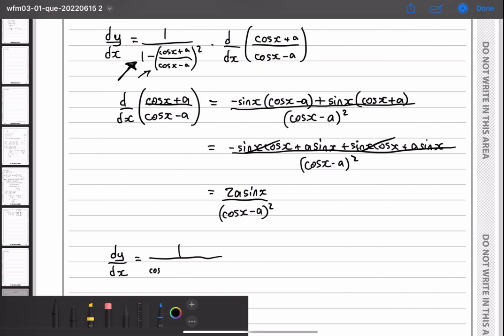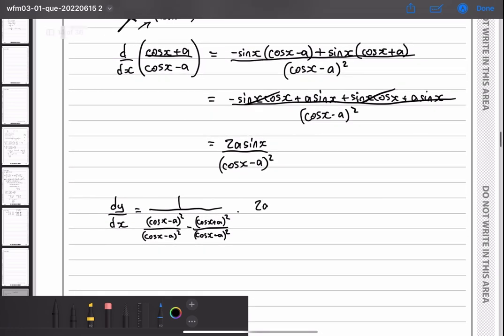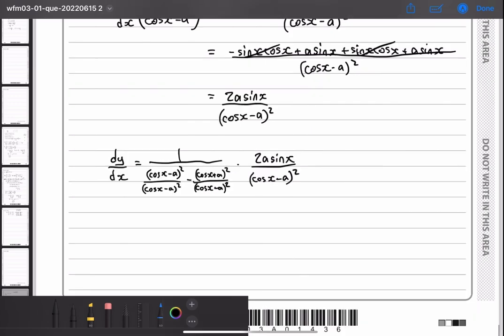So if I write cos x minus a squared over cos x minus a squared minus cos x plus a squared over cos x minus a squared, and then it's being multiplied by the derivative that we just found out simplifies to 2a sine x all over cos x minus a squared. Then what I can do is combine these two fractions here and flip the denominator of the fraction that's currently in the denominator up into the numerator.